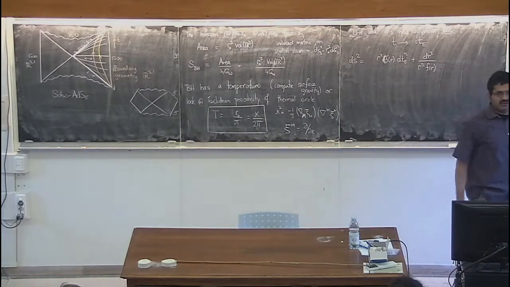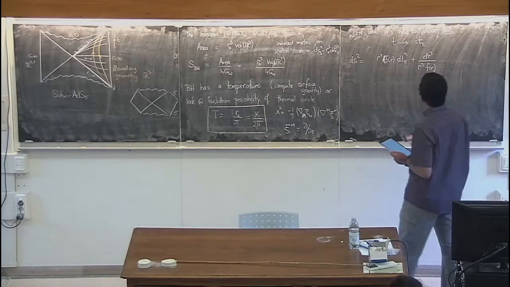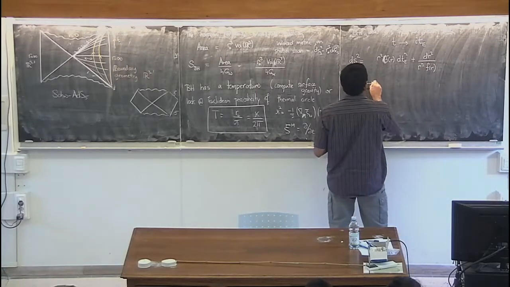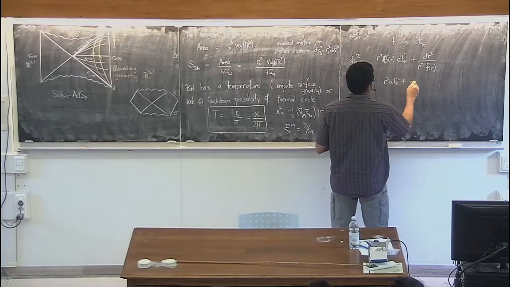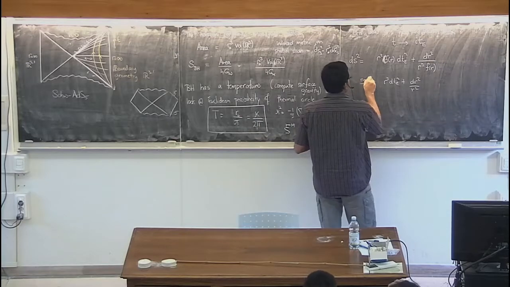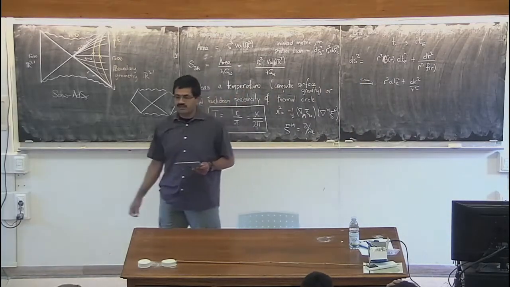It's not essential for what I'm going to do. As you go to infinity, this goes to r squared dt_E squared plus dr squared over r squared, because the function f of r goes to 1, which is what you expect as asymptotically AdS.